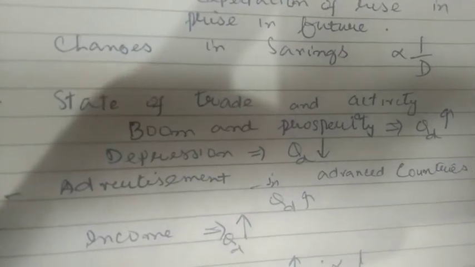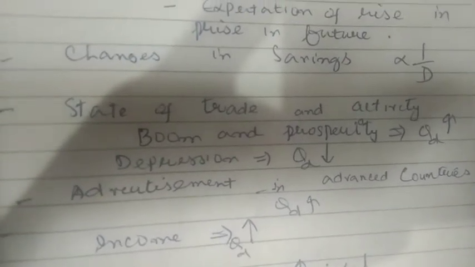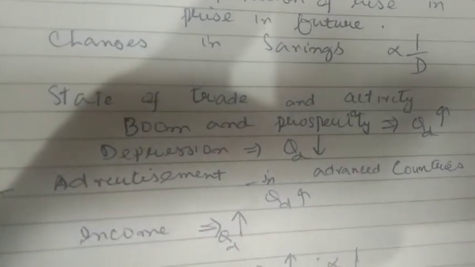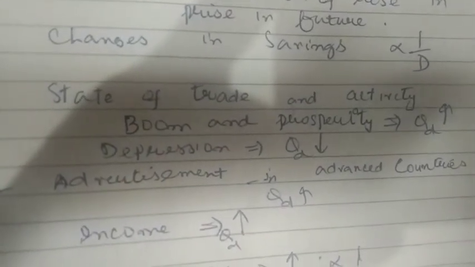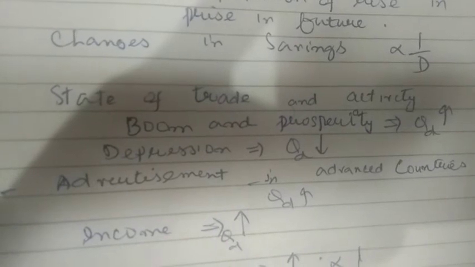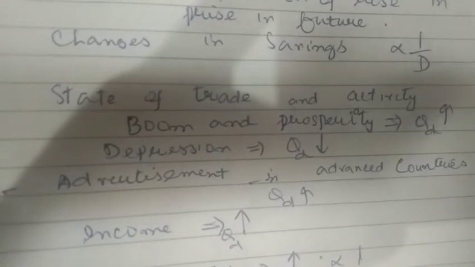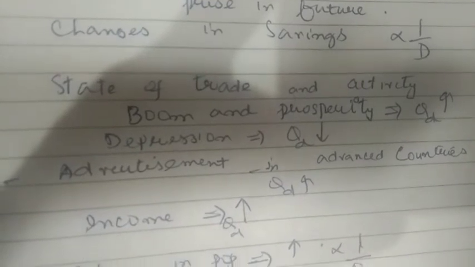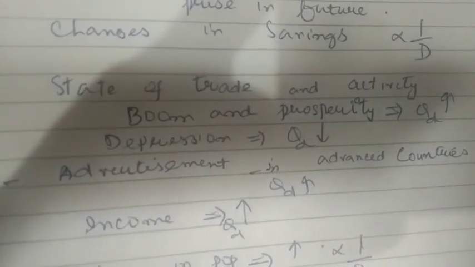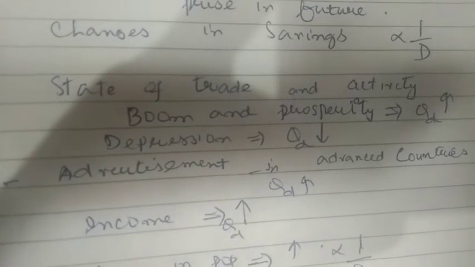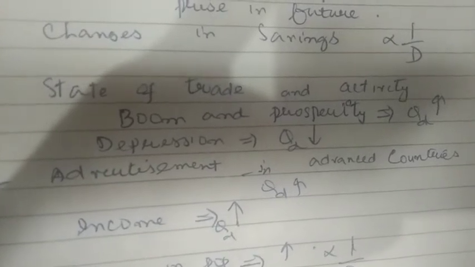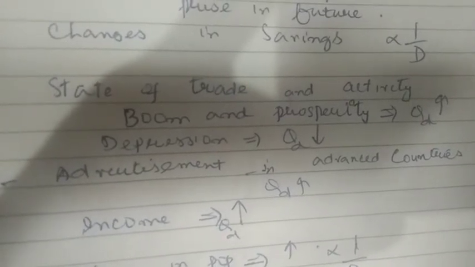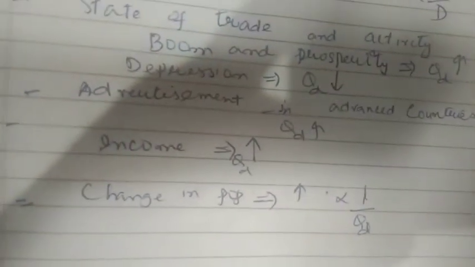Advertisement: it actually happens in advanced countries, and now it is happening in developing countries as well. If you are posting ads of an object, the demand for it will increase. Like a company posts an ad of an object, it reaches you, you like the product, so your demand for it will increase.